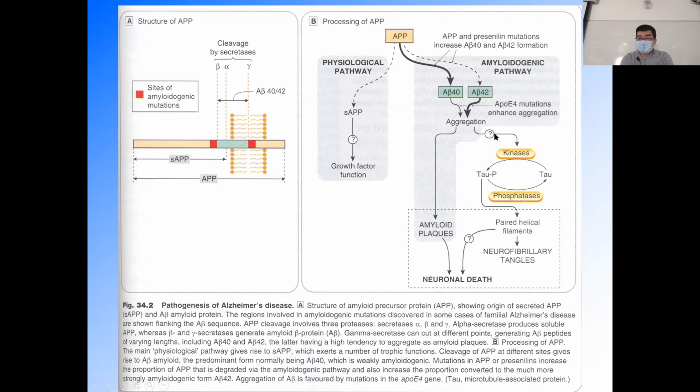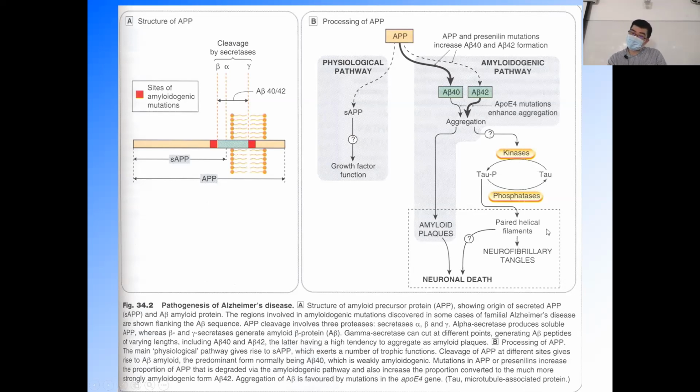Now, the other pathway being affected is some of the kinase, phosphorylation of the tau. The phosphorylation of the tau actually can induce the formation of the tangles inside the cell, inside the neuron. So whether that also contributes to the neuronal cell death.